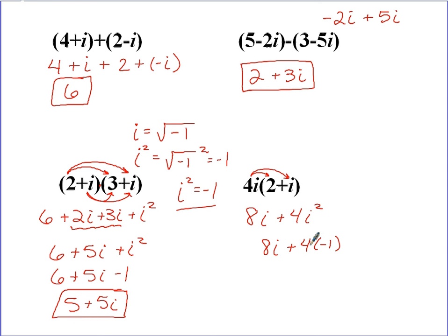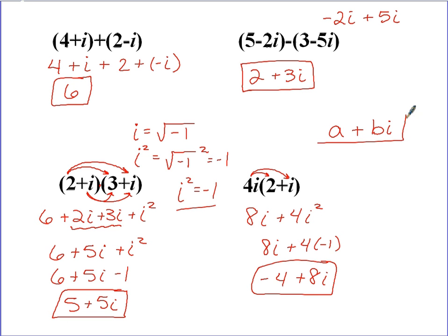And that's going to make that -4. And to write it like we should for a complex number, I'm going to put -4 first plus 8i. And that would be my solution. Because as you're writing a complex number, a number with a constant and an i part, you want to write it in a plus bi form. This is called the real part, and this is called the imaginary part.